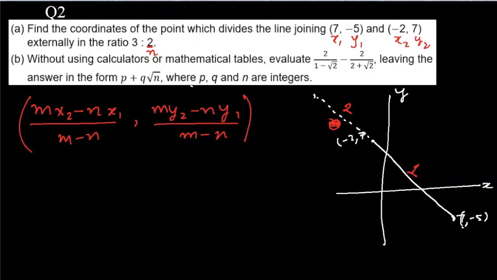All right, so let's use the formula. And what is m? M is the total length that has to be there.